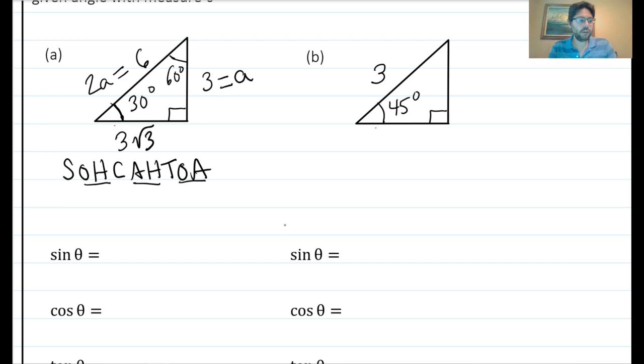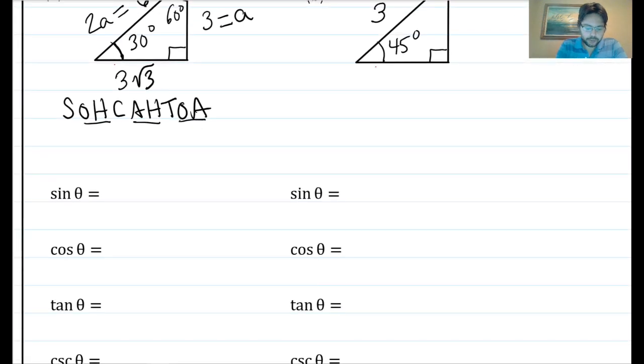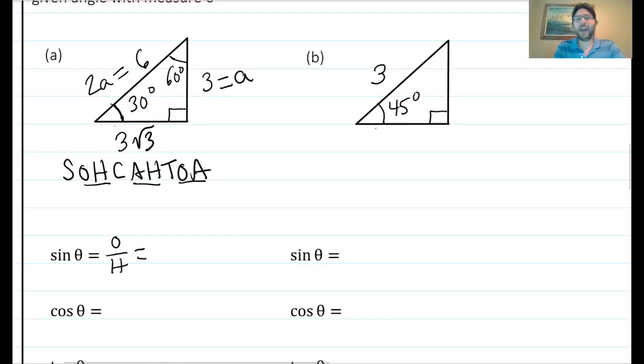So what we're going to do, we know that sine is O over H, opposite over hypotenuse. I didn't really specify the angle we need to do this for. So let's just say that theta is equal to 30 degrees, the original angle that they gave us. So we'll call this angle theta right here. Usually they'll specify which theta they're talking about. So we're interested in the 30-degree side here.